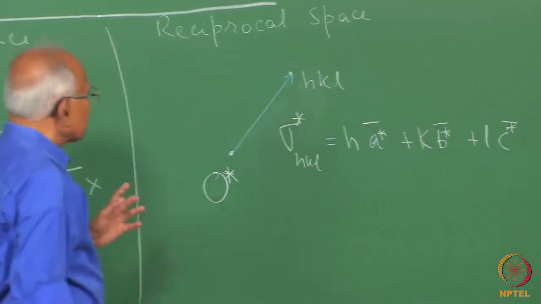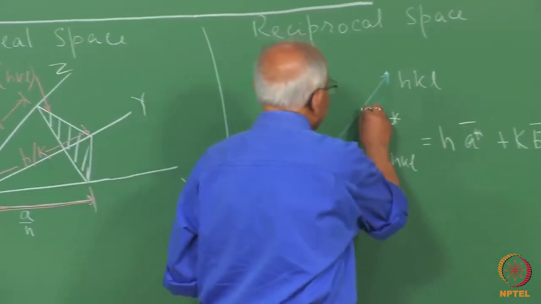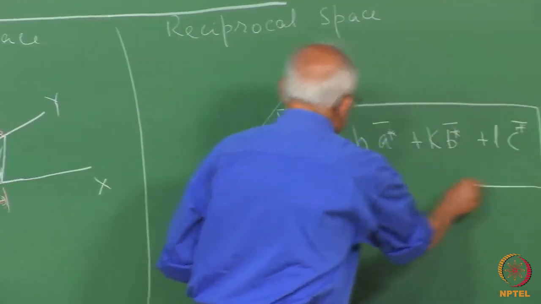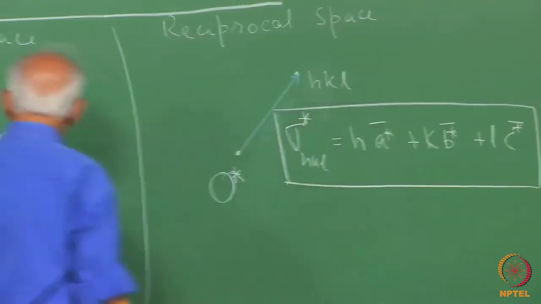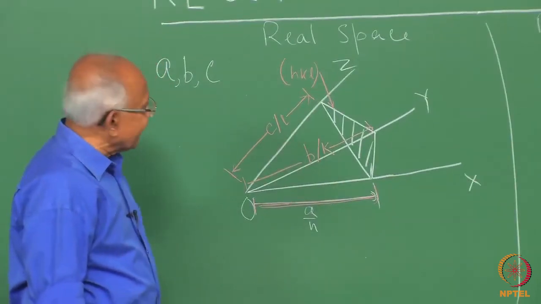So, now what are we going to prove? We are going to prove that this vector in the reciprocal lattice is going to be perpendicular to the HKL plane in the real lattice.